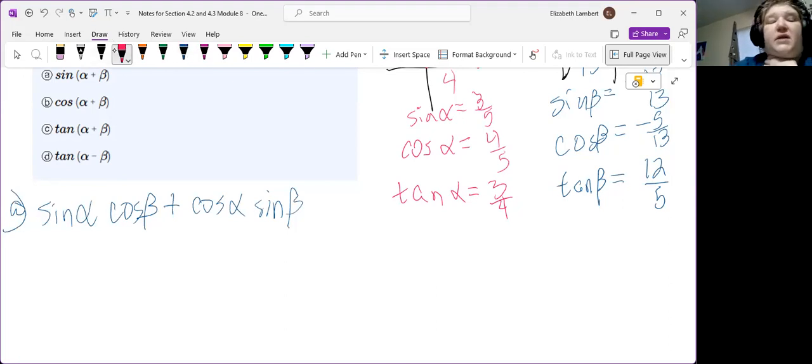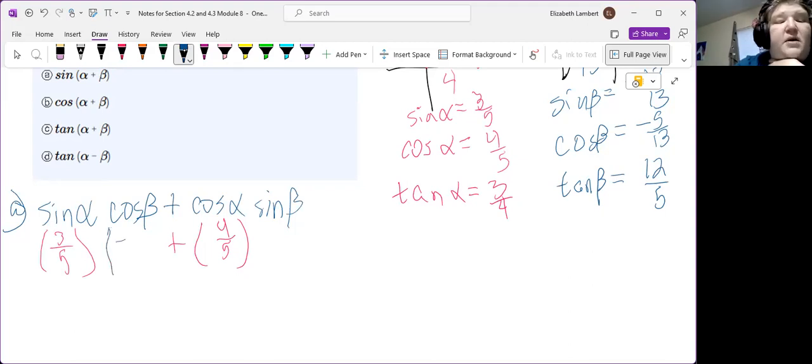All right, now we fill in. Sine of alpha is 3/5. Cosine of alpha is 4/5. Cosine of beta was -5/13. Sine of beta was -12/13.